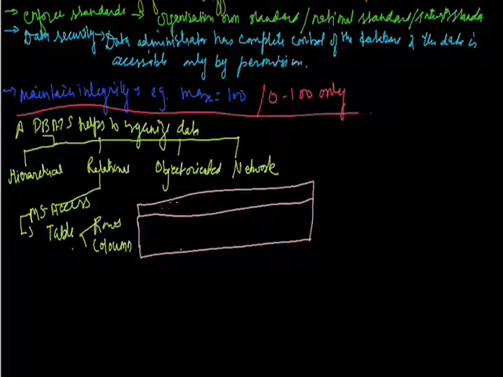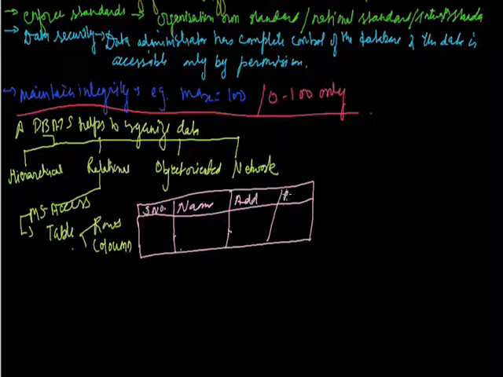Suppose we have made the table like this. We have serial number here, then name, address and phone number. Alright. Then we have made a record for one student, for two students. Name is, let's take any, ABC, XYZ.